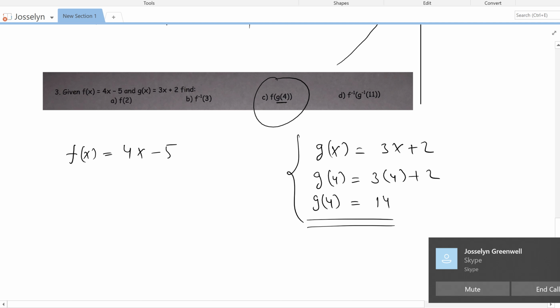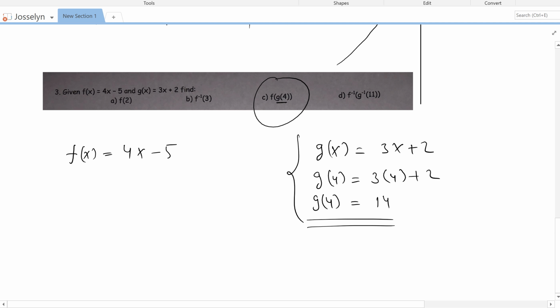Is it good? Yep. Now I replace x by g of 4. Everywhere where you see x here, you replace it by g of 4. I have x after 4, so instead of writing x, I replace it by g of 4.